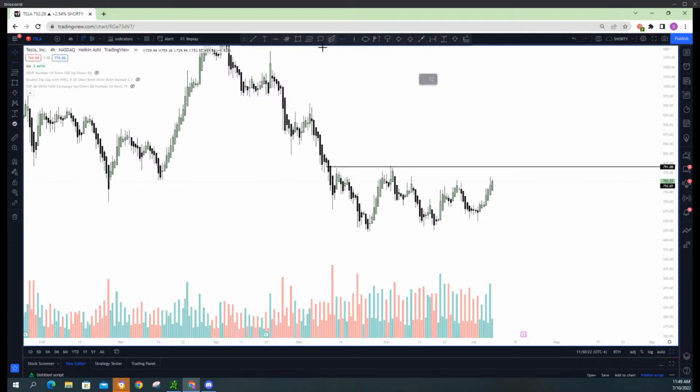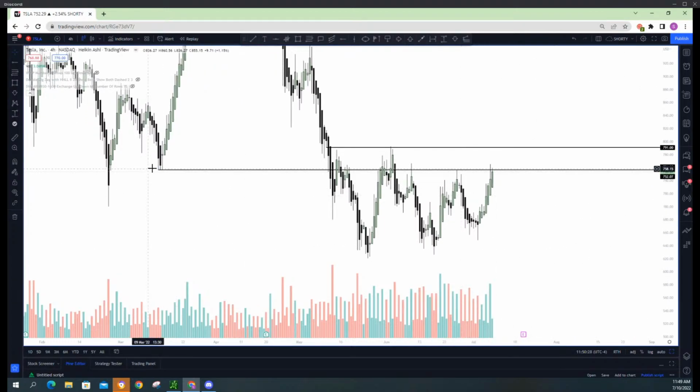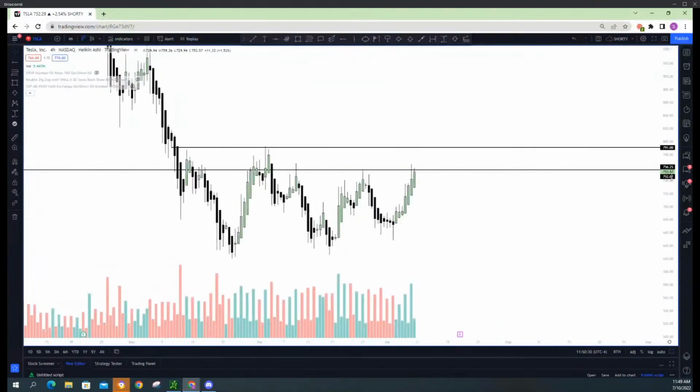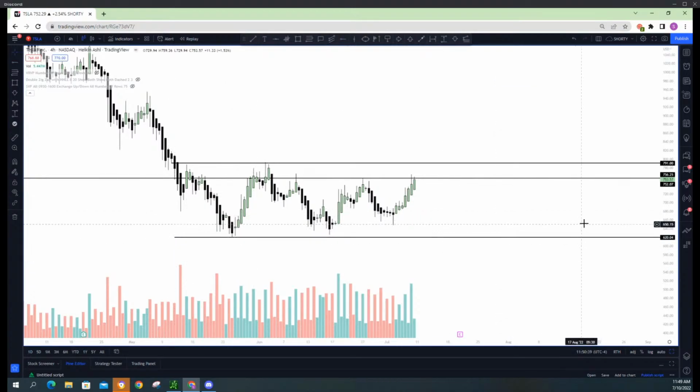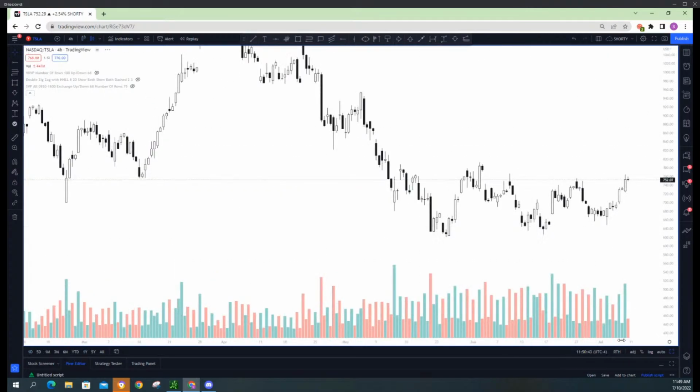I'm looking at this level right here, where we bounced from last time, and look where we're kind of getting hit now. Right on that level. After hours, it flew up. So it rips higher.